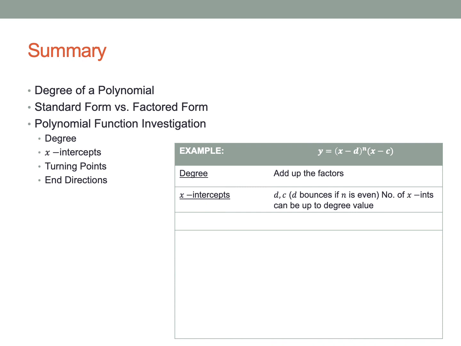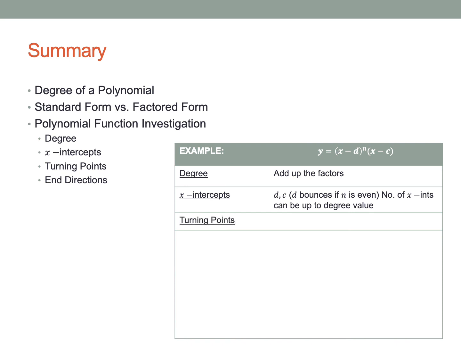And if it's odd, it does that weird S swivel through it, right? Which I said is called an inflection point. You'll learn that in calculus, but it's important for repeated factors to know the difference.